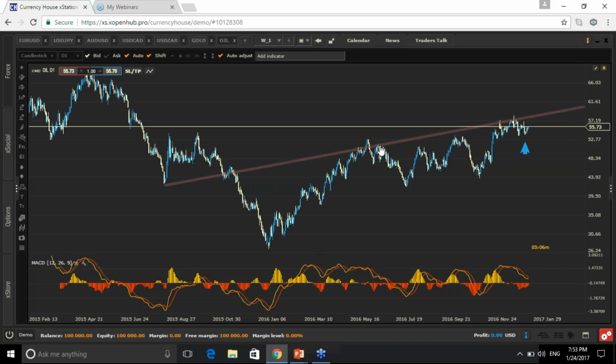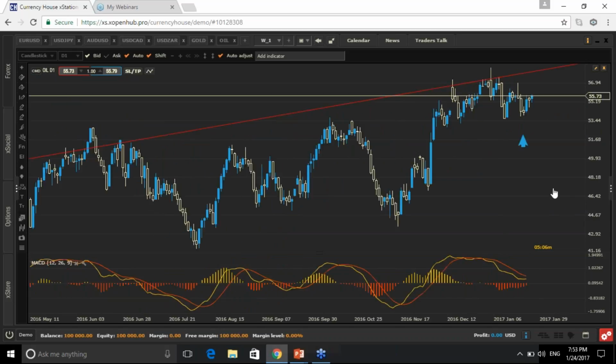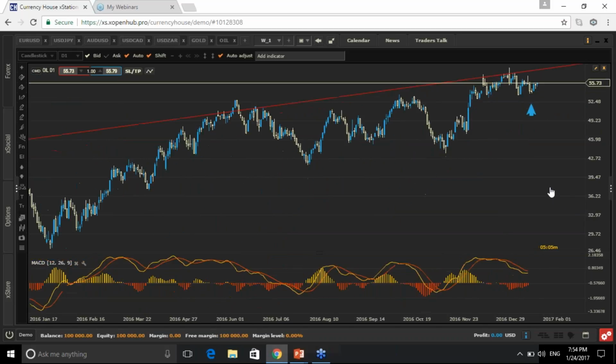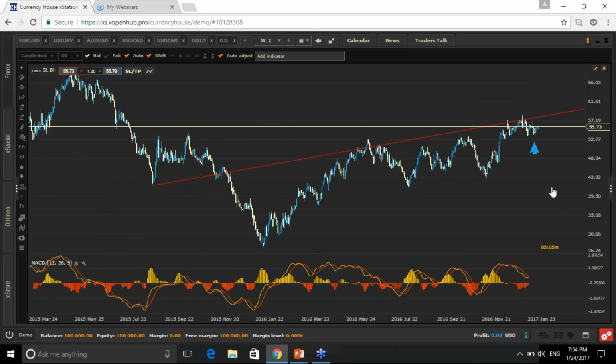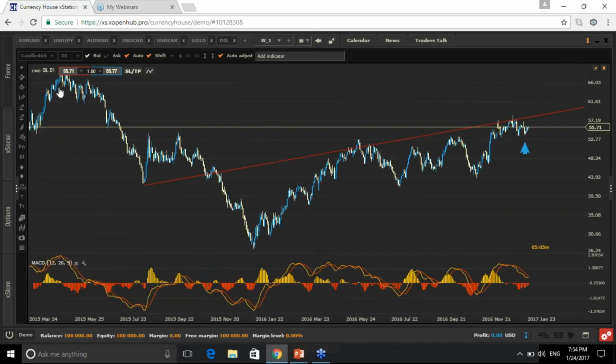This line could be a first target for us, and we can see that the price of 58, the price of 57.5 could be a good level to take profits from the longs of oil.